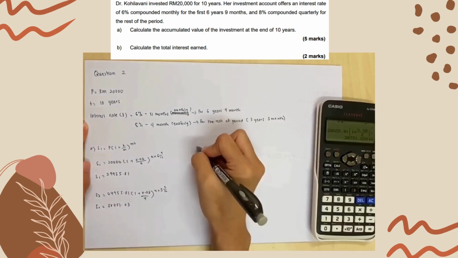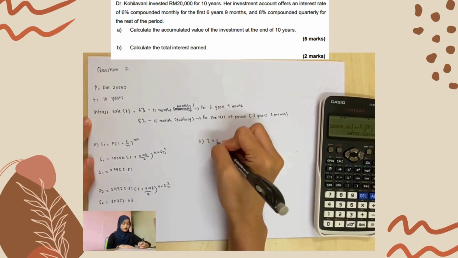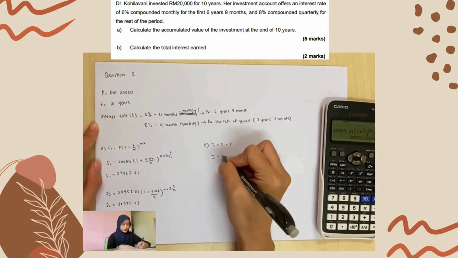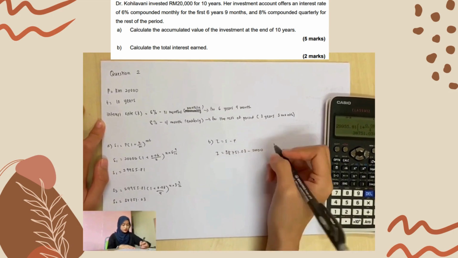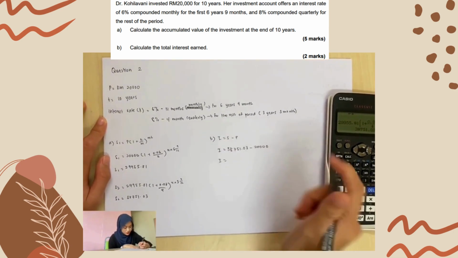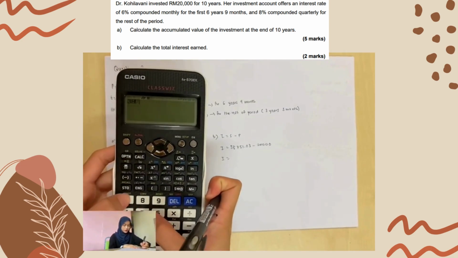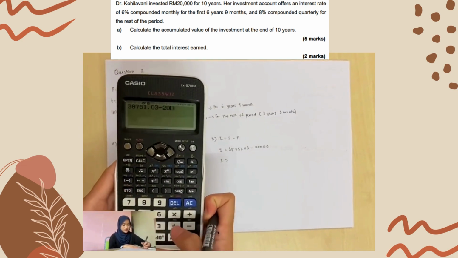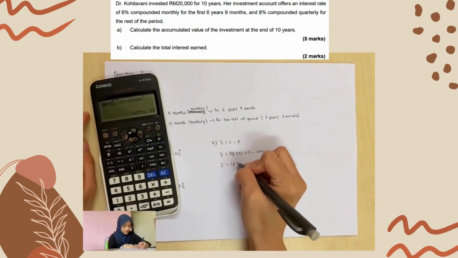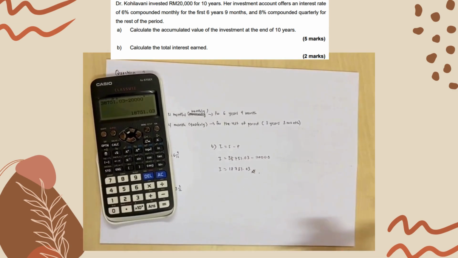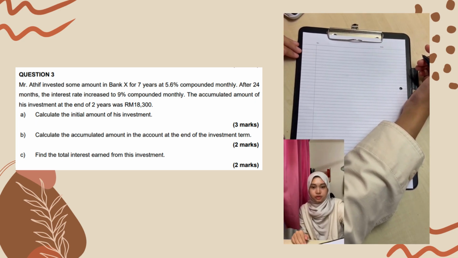So for the B, to find the interest, we will use the formula I equal to S minus P, whereby S is 38,751.03 minus P, which is 20,000, and the I is 18,751.03.